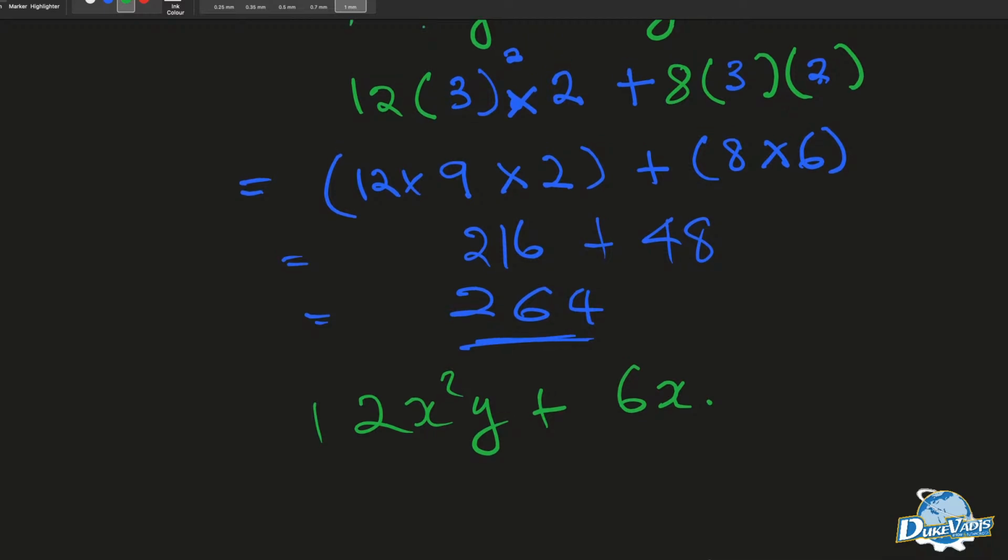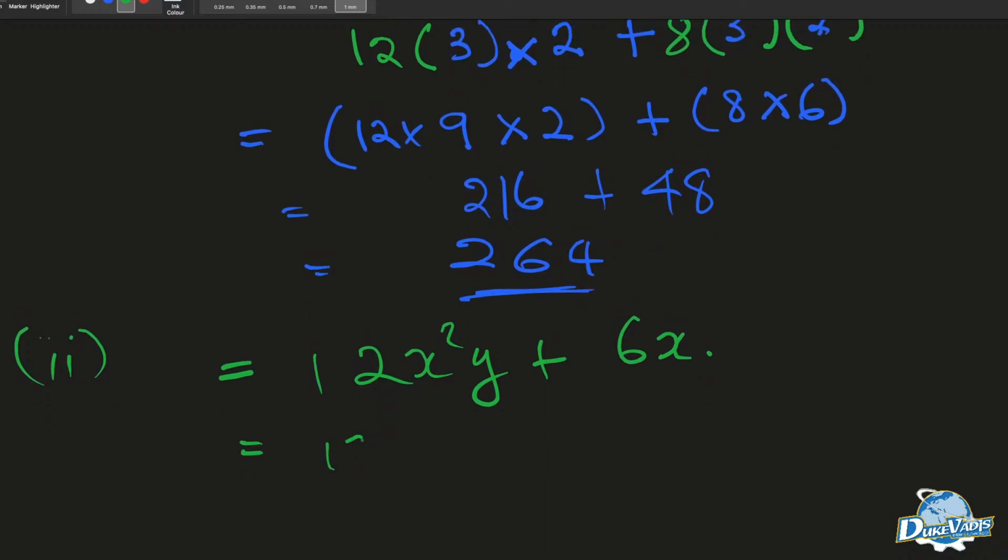Okay, so 12x squared y plus 6x is what we had for our question 2. And the same way, we have to substitute the values of x equals 3 and y equals 2. So we know this expression means 12 times x squared times y plus 6 times x.